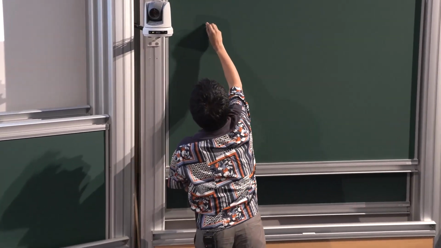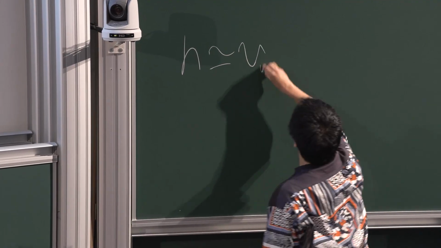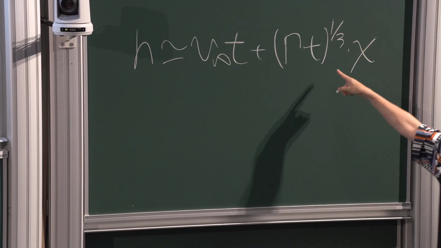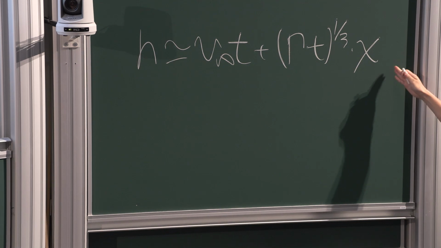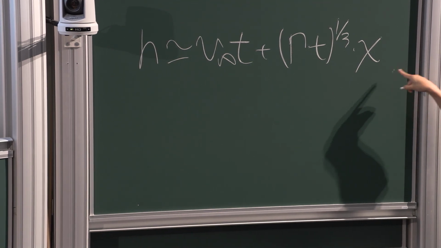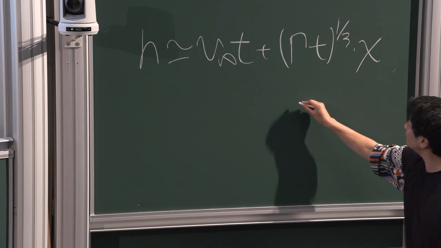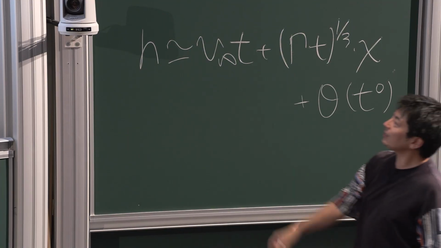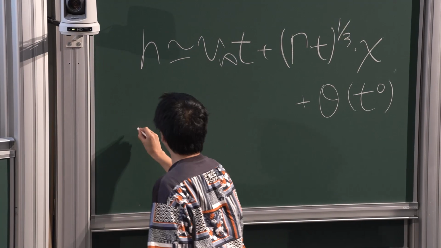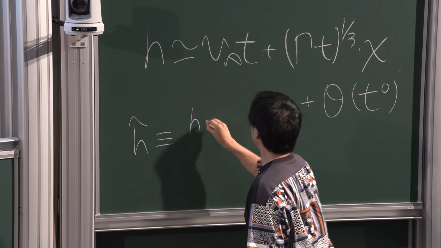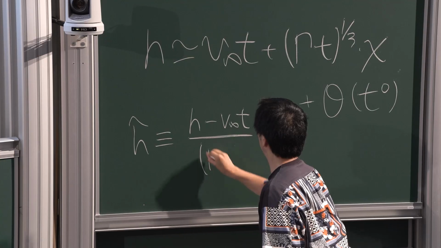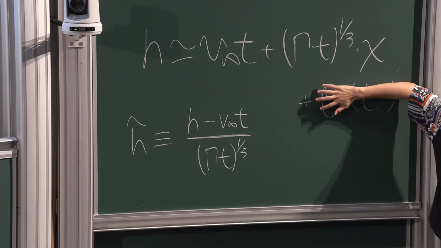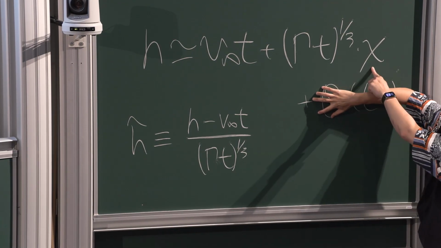Then the finite time effect I mentioned is actually this. This is an equation I already described, but this is not the end of the equation. We have more subleading terms. The next order is t to the 0. What I plotted here is a rescaled quantity defined by this. If we don't have a subleading term, then it is nothing but chi here.